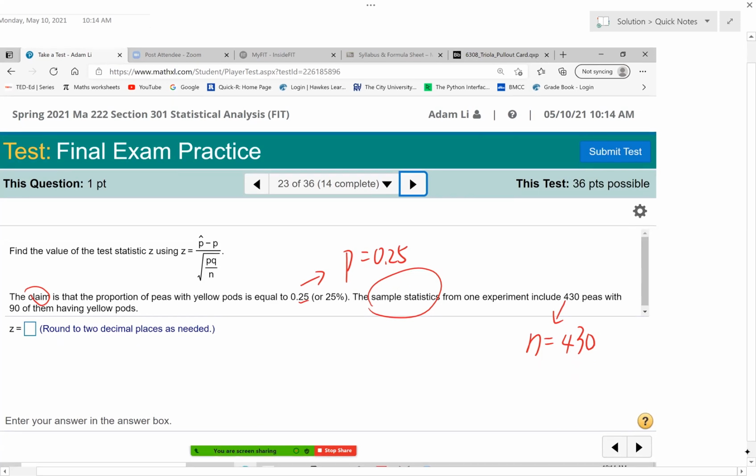That means p hat equals x over n, so 90 yellow parts over 430. Typically we keep more decimal places. 90 divided by 430 turns out to be 0.2093, so I'm going to keep four decimal places.